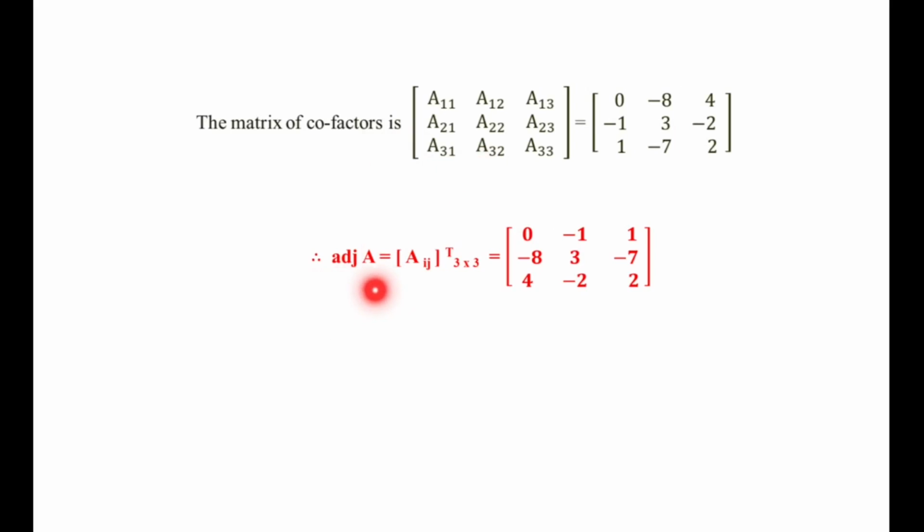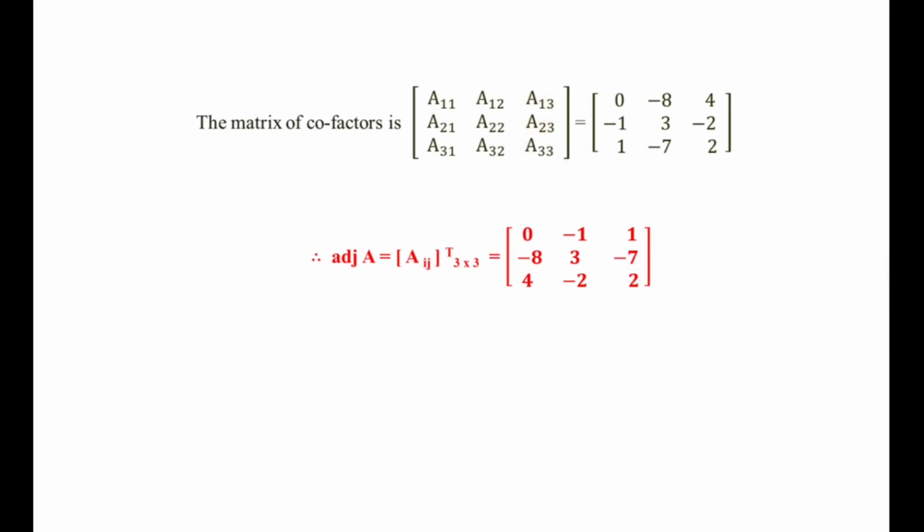Therefore we write adjoint of A equals to Aij transpose. So the elements in the first row are 0, -8, 4, and we write these in the first column. The elements of the second row are -1, 3, -2, so we write them in the second column, and the third row elements 1, -7, 2 in the third column.